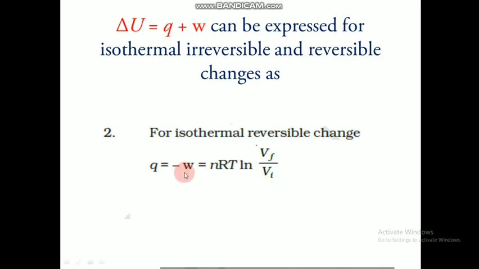The value of W was negative of nRT ln Vf by Vi. As we are asked for negative W, we have positive nRT ln Vf by Vi, or with log, 2.303 nRT log Vf by Vi. So this is the equation for isothermal reversible change.